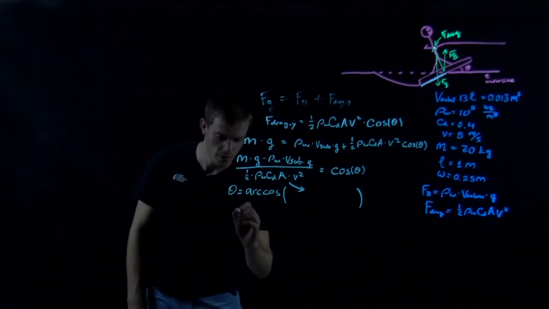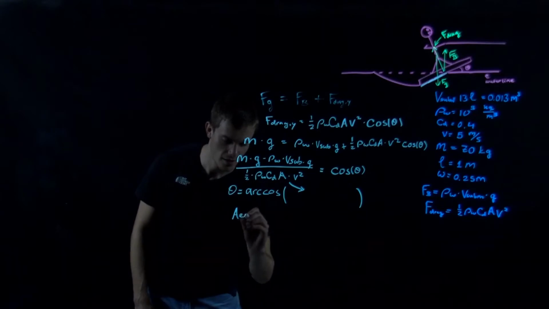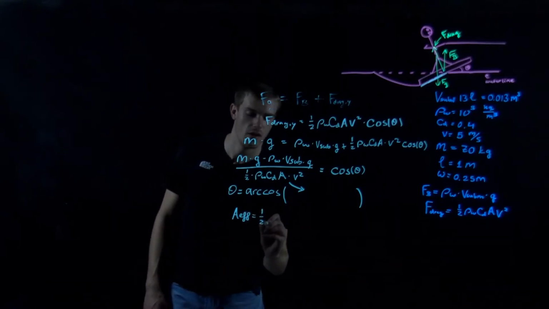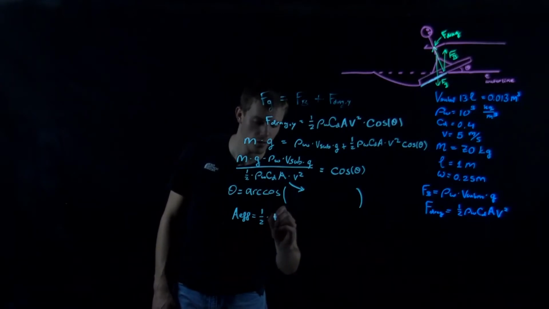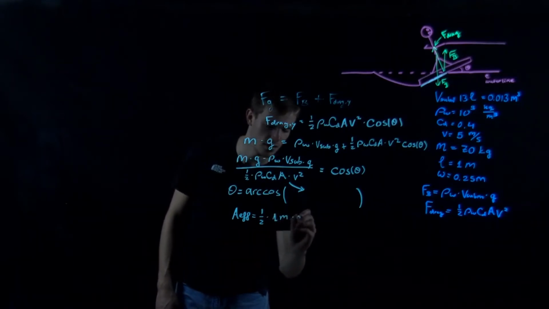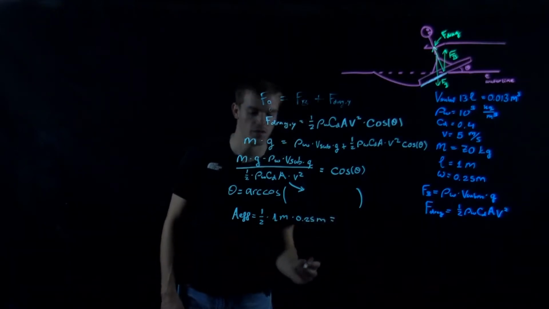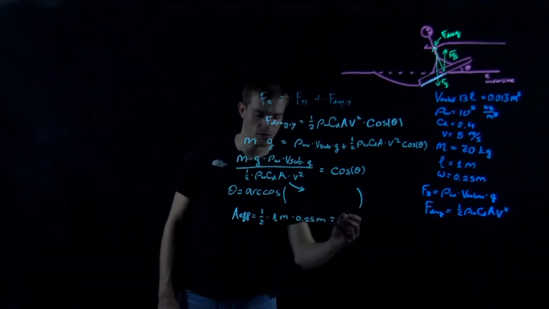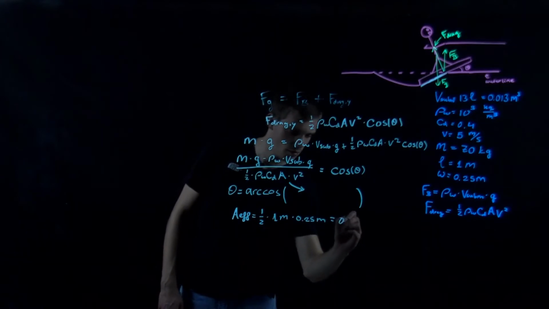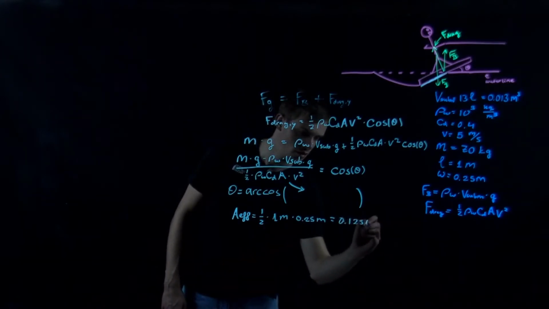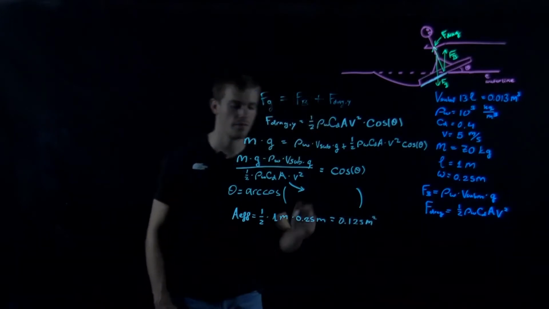So the effective area equals a half times 1 meter times 0.25 meters, which is equal to 0.125 meter squared.